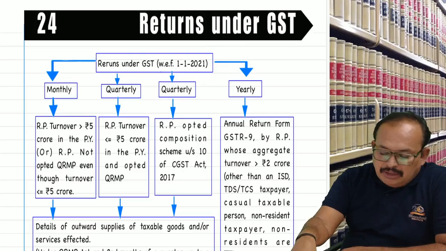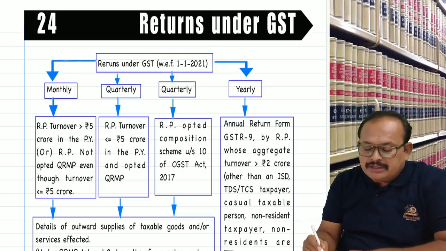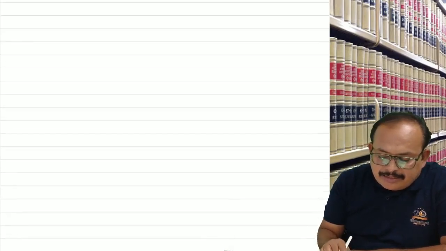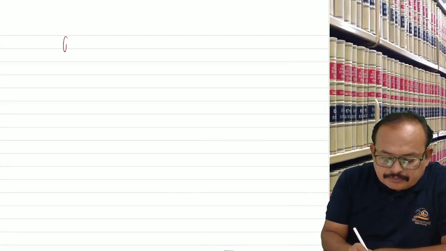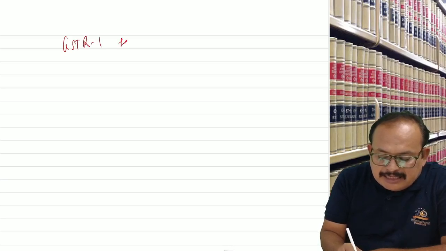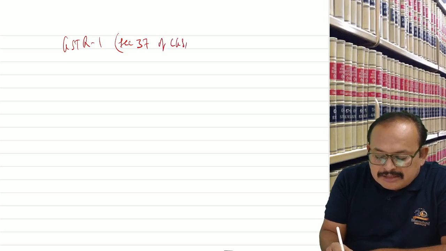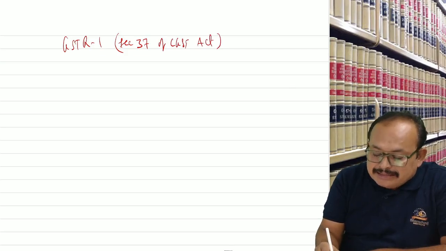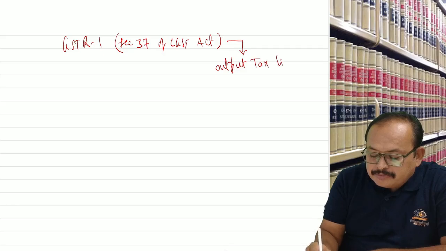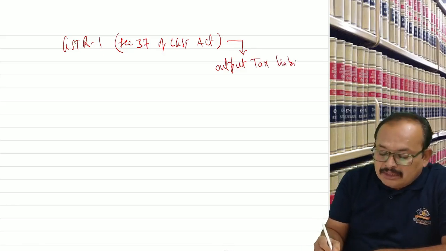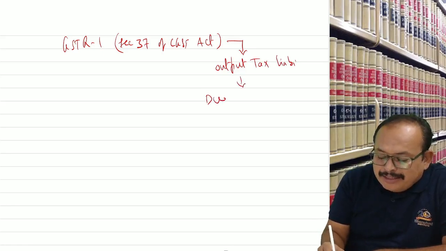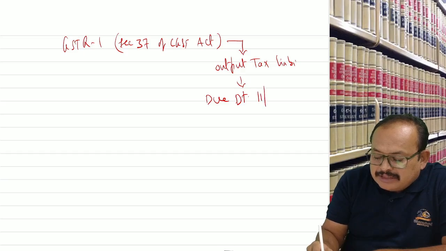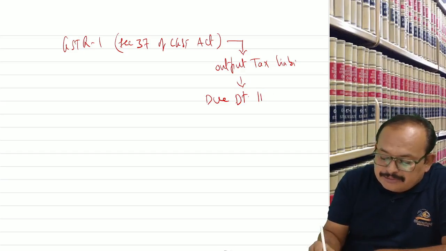Now, as you are aware, the GSTR 1 return, which is as per section 37 of the CGST Act, talks about output tax liability, and for which, as you rightly said to me, the due date is 11th of the next month.